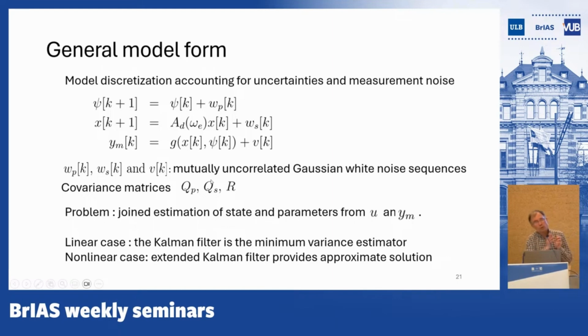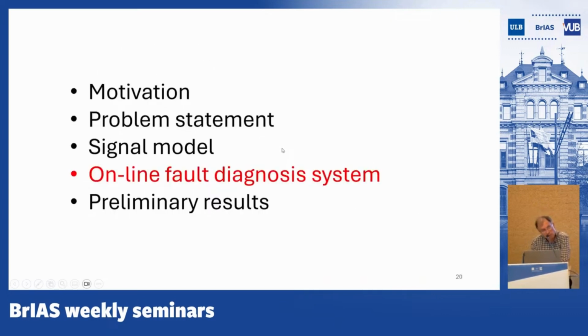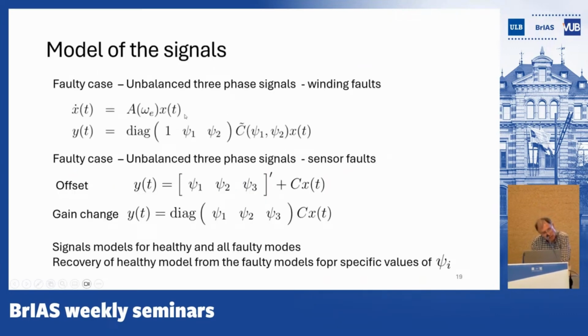And so now the problem is to determine in what situation our motor is working. To this end, we want to estimate the parameters here and determine what is the most likely model among the models we have been considering previously. So we have this model, this model, this model, plus the healthy model, and we want the one that fits the data best.